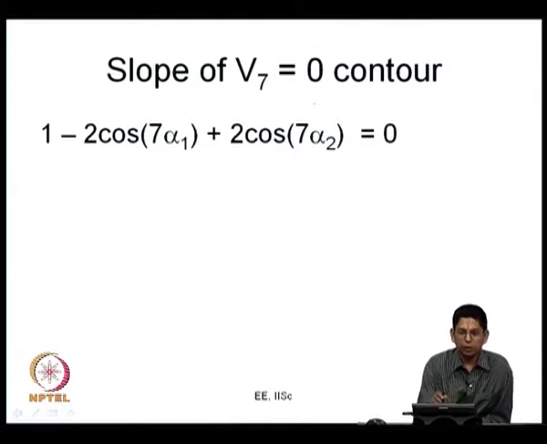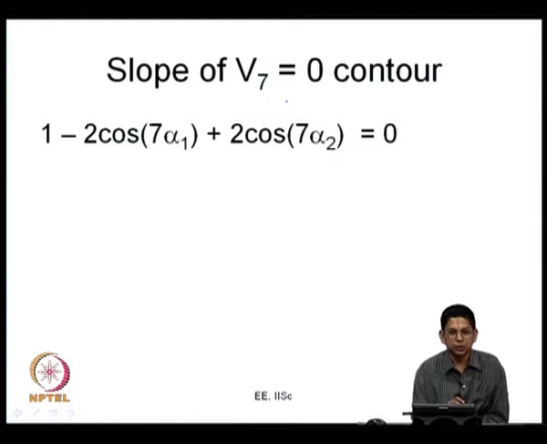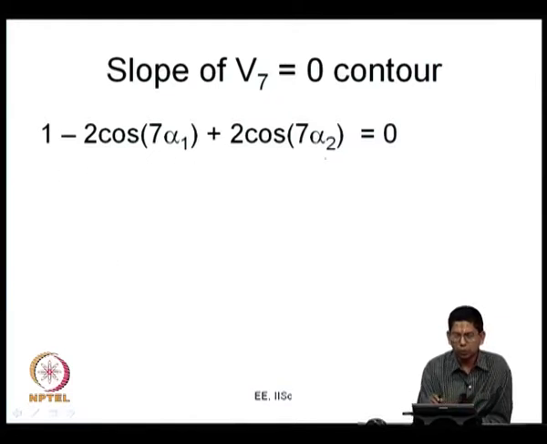It is also good to look at what the slope of the V 7 equal to 0 contour is going to be. It is the same thing: 1 minus 2 cos 7 alpha 1 plus 2 cos 7 alpha 2 equals 0; instead of 5 it is 7 in this equation now. If you want to find the slope, what you need to do is differentiate both sides of this equation with respect to alpha 1.